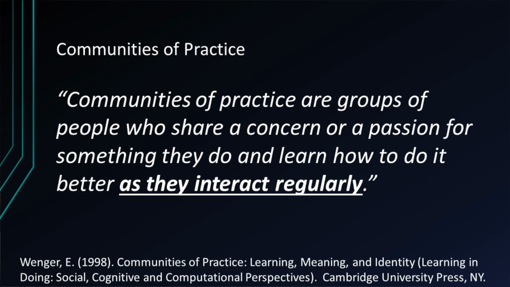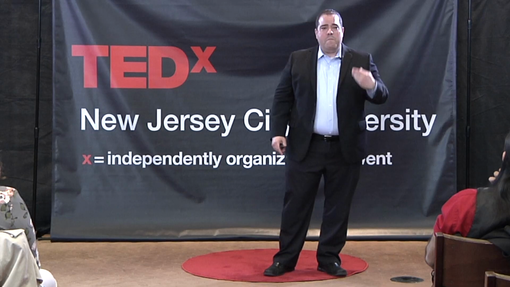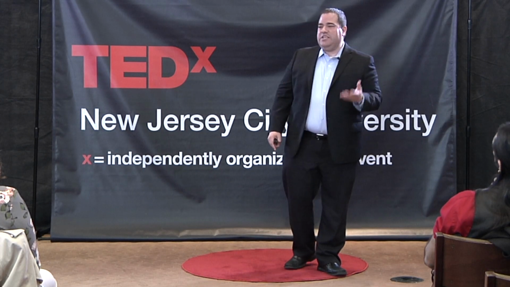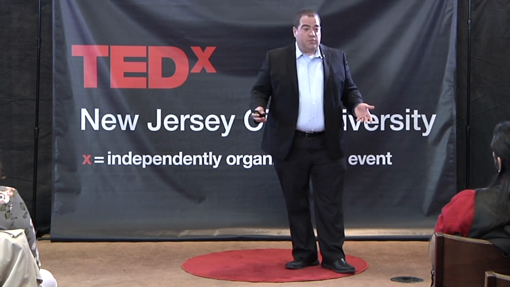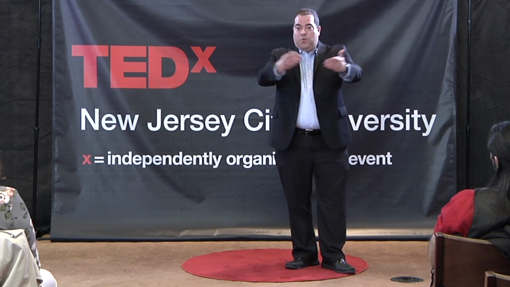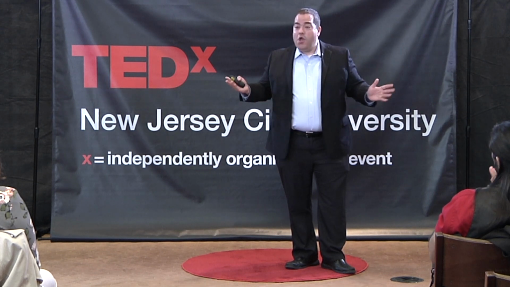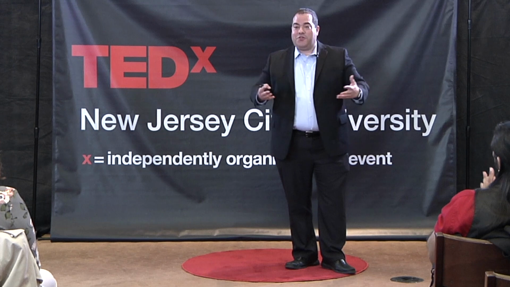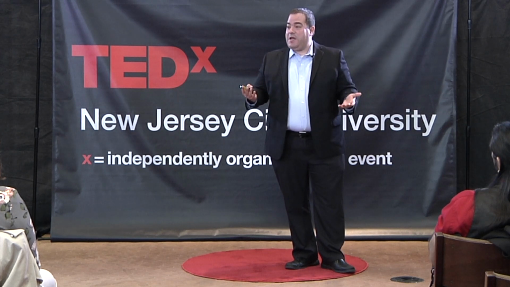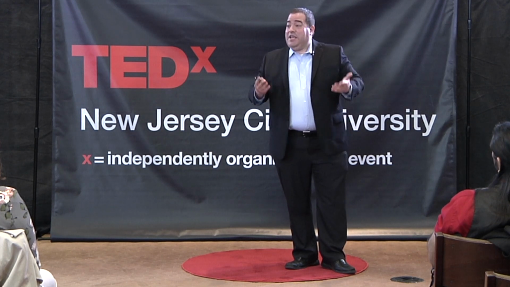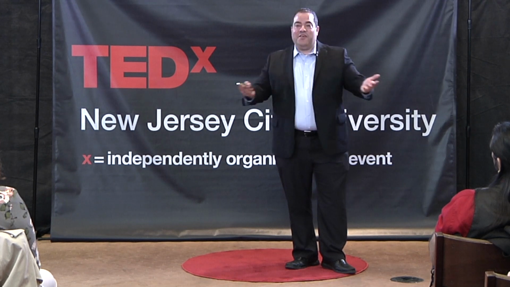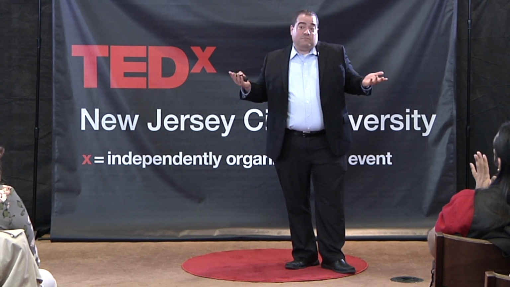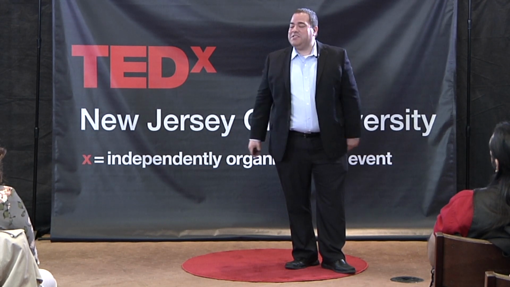Now, based on Wenger's work, I'm not going to read you the entire quote, but just to paraphrase, what makes a community of practice different from a regular community? For example, think of everyone here right now, we are in a community. We are all here because you're interested in learning about these variety of topics here today. Jersey City is a community because people happen to live and work and get educated in Jersey City, right?